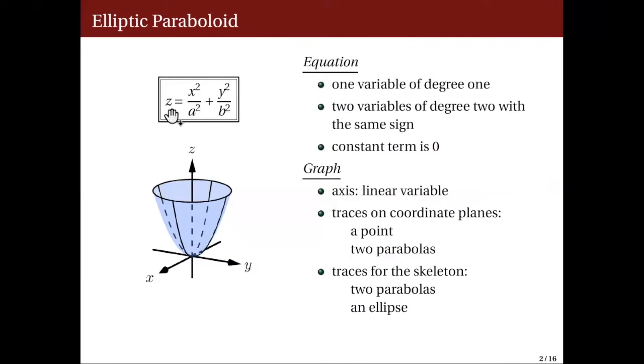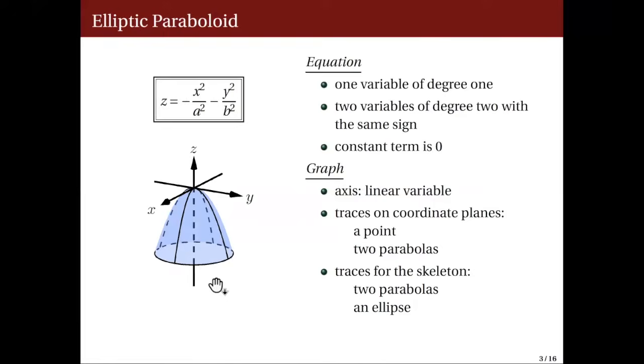So you are simply negating the z-coordinate. In that case, the equation would be z equal to negative x squared over a squared minus y squared over b squared. And observe that this equation still satisfies all the conditions stated here, and the two variables of degree 2 now have negative coefficients.